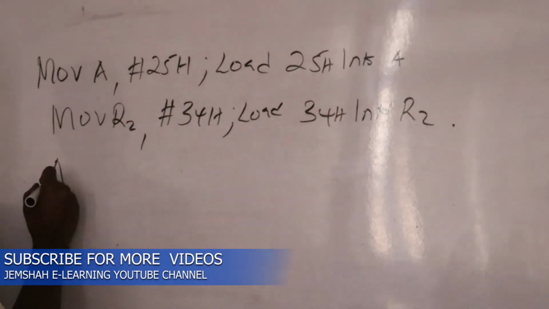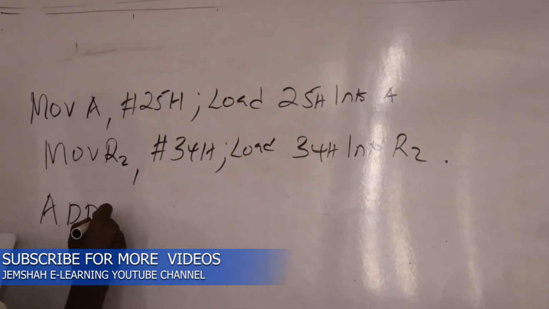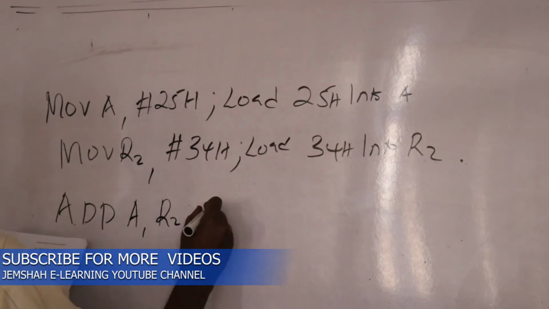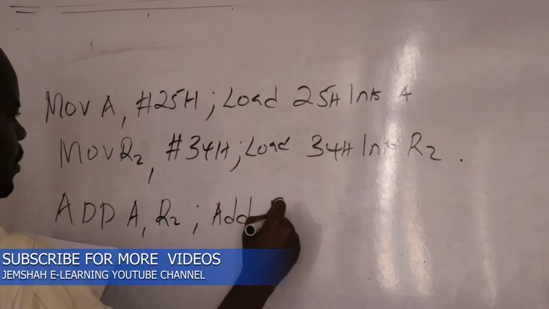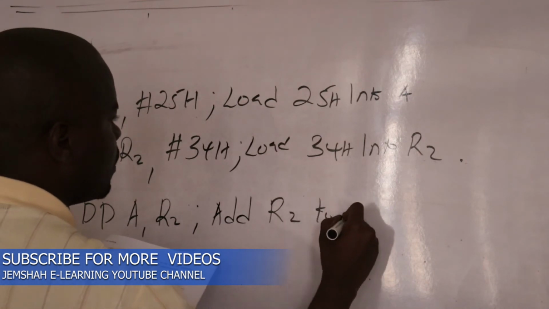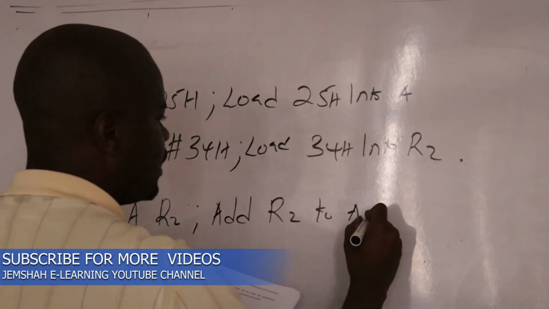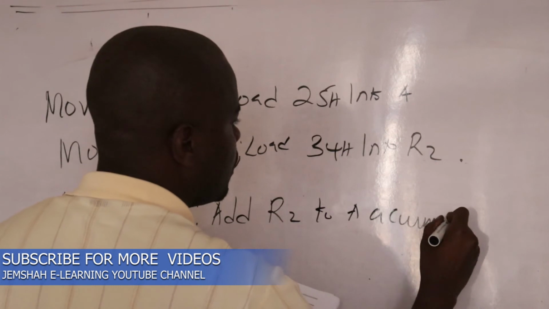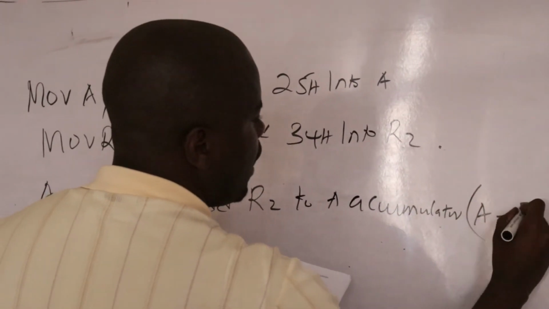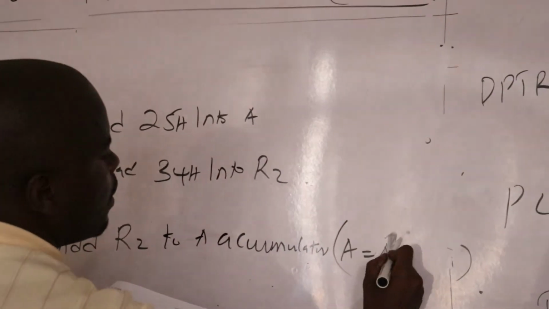Then ADD A, R2, which means add R2 to the accumulator. That is to say, A is going to be A plus R2.